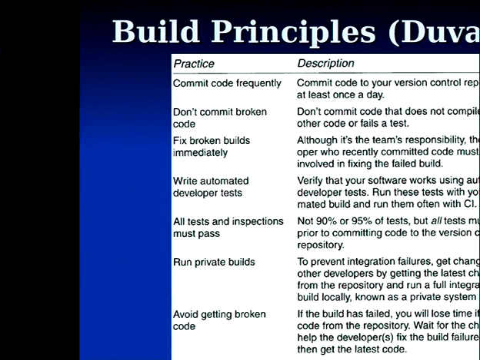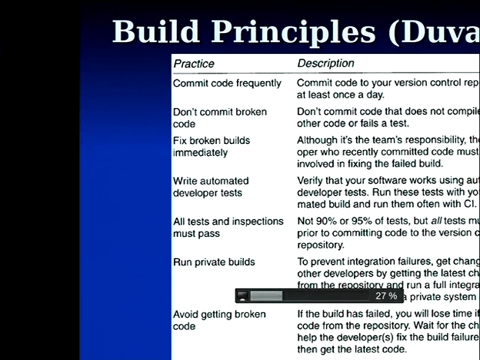You may create a bunch of code and find it has to be thrown away because now the interfaces are different. And so it's in your interest to frequently update, at least once a day, get the new changes from others so that your understanding of what their code provides in terms of services, what it's counting on, is as current as possible. Fix broken builds immediately.